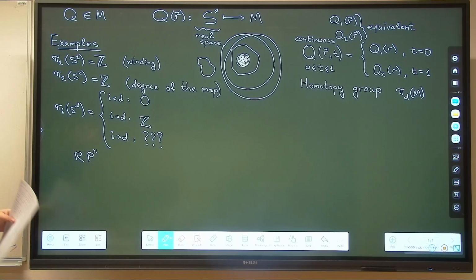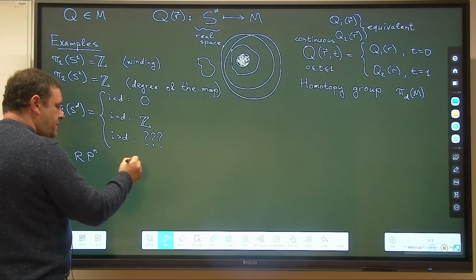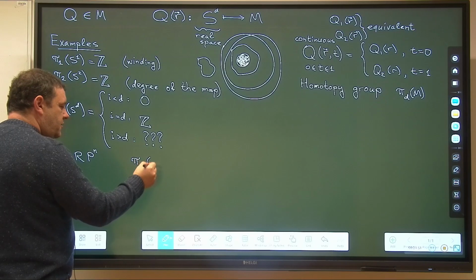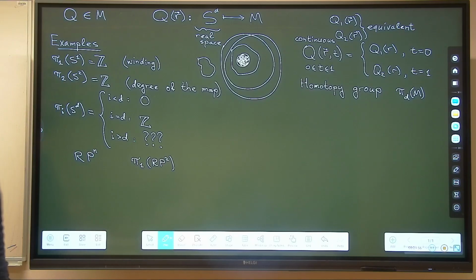So, a simple question: what is pi1 of RP2? RP2 is just like a usual two-dimensional sphere, but the opposite points are identified. Opposite points actually represent the same point of this space.